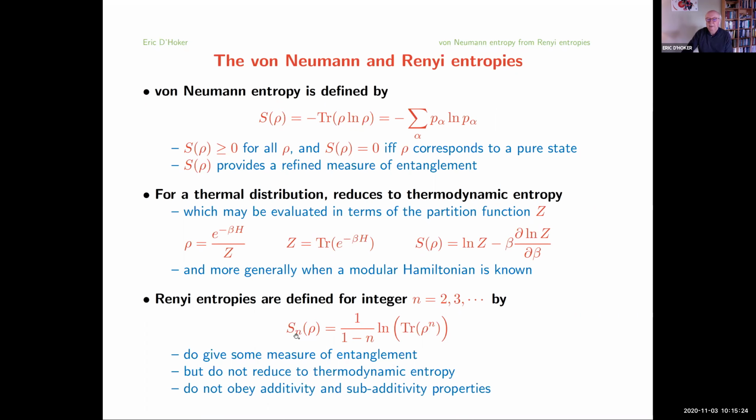But for all other values of n, this is a positive number. So they also give a measure of entanglement, but they do not reduce to the thermodynamic entropy, of course. The formulas are completely different. And also, while the von Neumann entropy obeys the general properties of entropy, of additivity and subadditivity, Renyi entropies do not obey these relations.